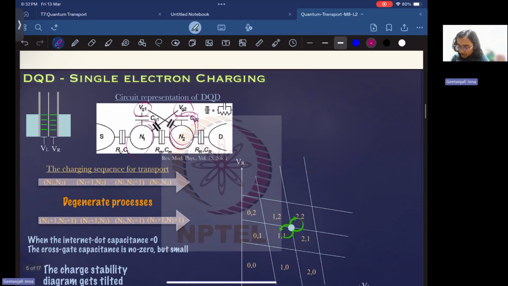So this means the charge degeneracy point for this case will get affected, even if we vary the gate voltage of only one of these quantum dots.